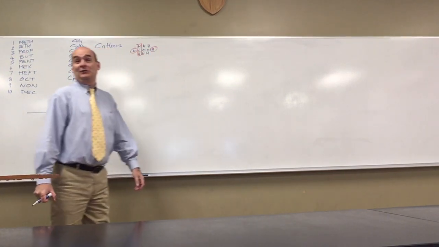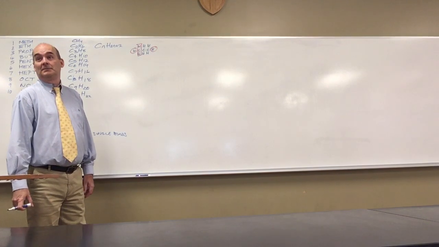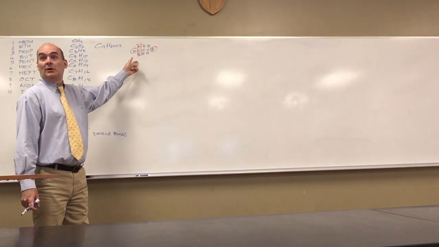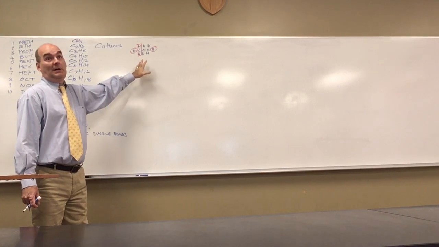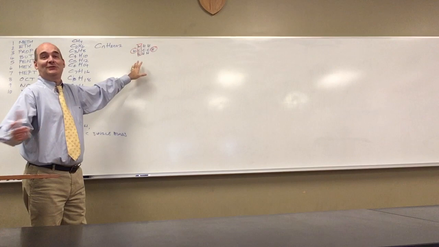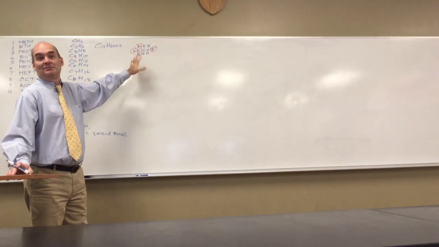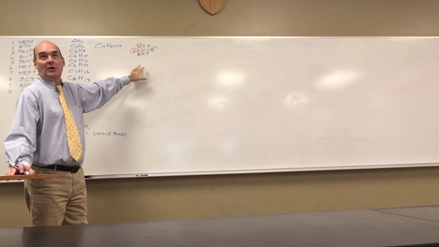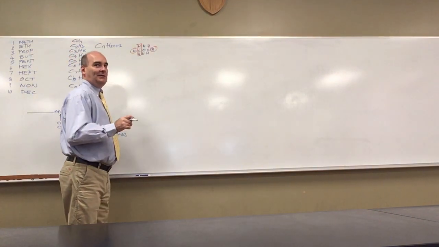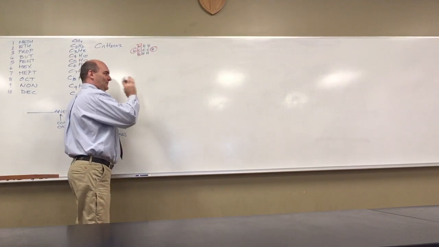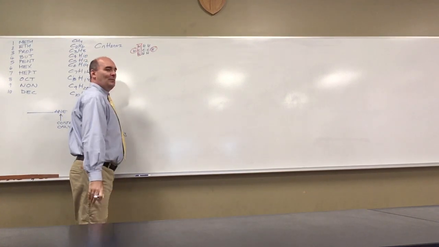Now, after a while, it's going to get tedious drawing all those dots in. And honestly, some of your handwriting is shocking. I haven't met you yet, but I can tell that some of your handwriting is going to be shocking. And when we ask on a test question, we learn not to do this. Draw me the Lewis structure of this molecule.